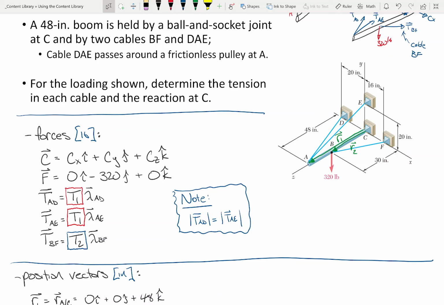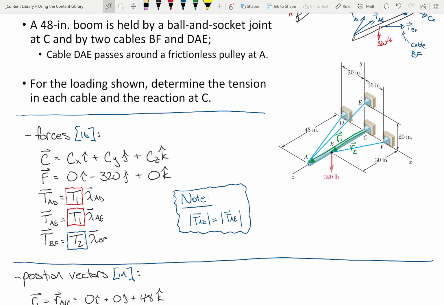What about the y-axis? 0. And what about the z-axis? Sorry, excuse me. Plus 48. Is it plus 48 or negative 48? Because we're going from A to D. We're going this way. The positive z-axis goes this way, so it's minus 48. Does that make sense? Okay.